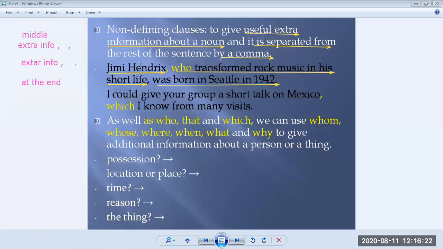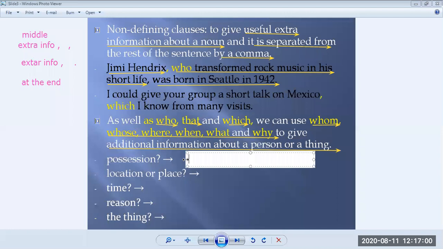So next one, as well as who, that, which, we can use whom, whose, where, when, what and why to give additional information about a person or thing. For example, whose is possessive. Now, Sophie, you're not hearing me, right? So, possession, which one would you use?